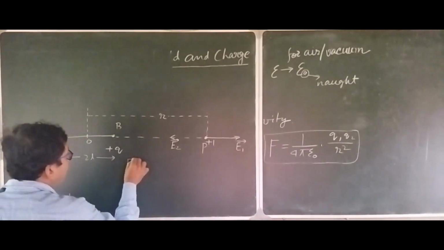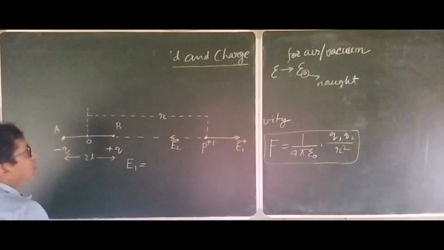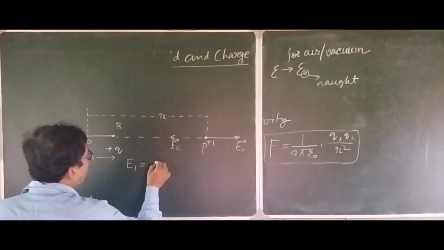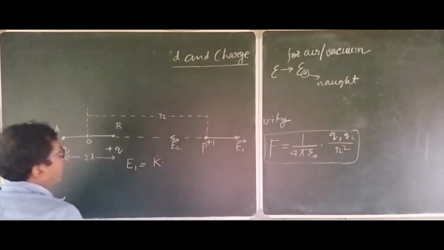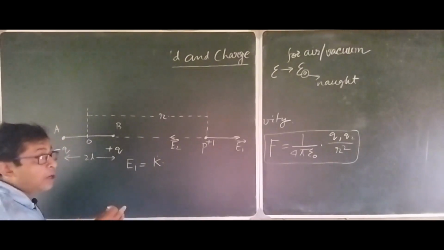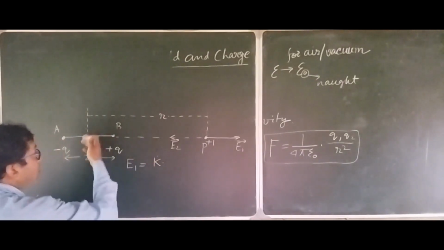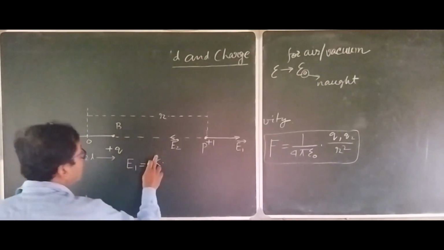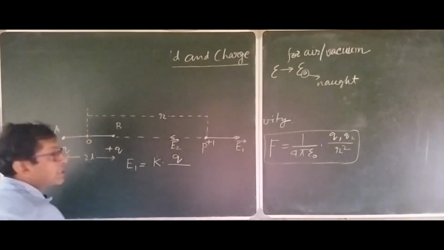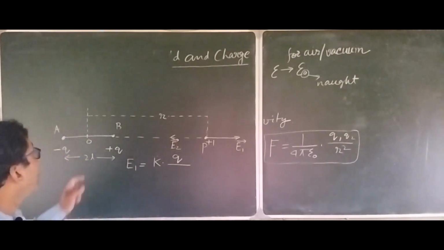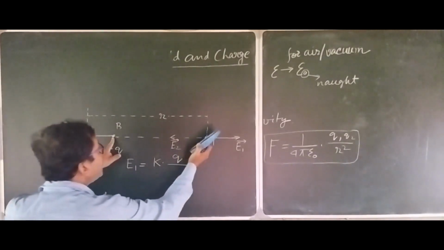So according to the definition, E1 is K, that is 1 by 4 pi epsilon or epsilon naught according to the medium taken, q by the square of the distance. What is the distance between this B and P?